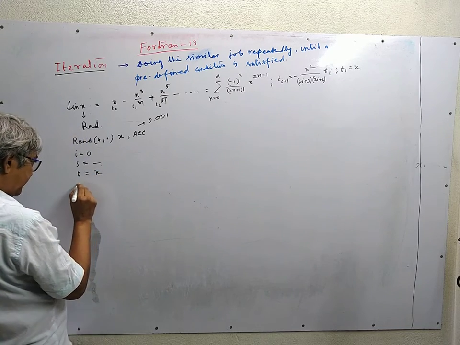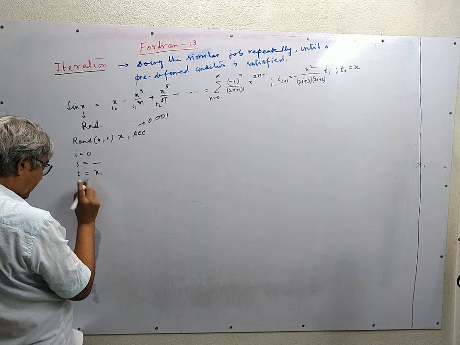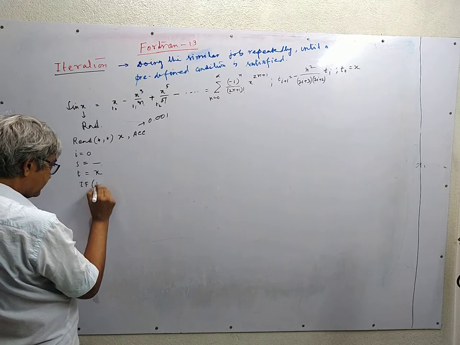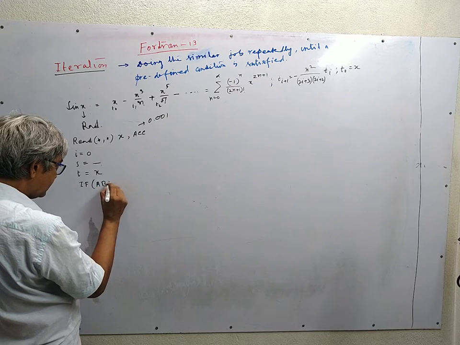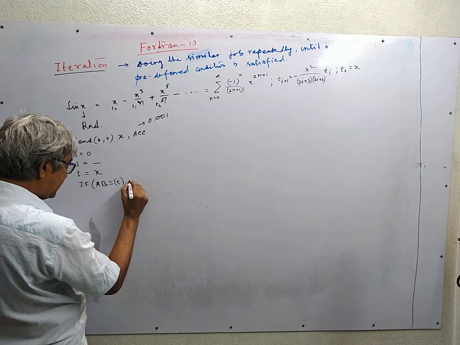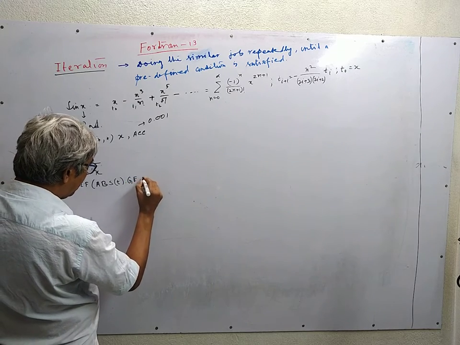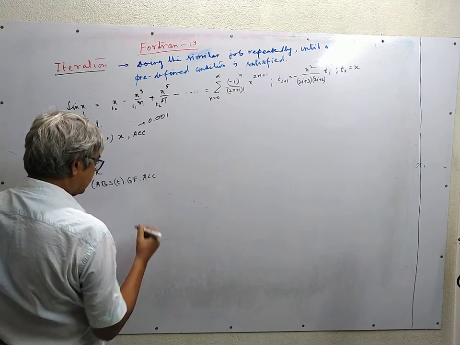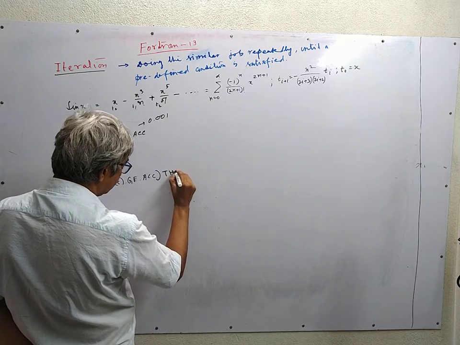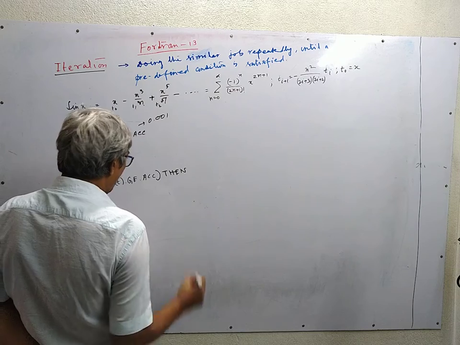Then we check if the absolute value of term is greater than or equal to accuracy, then what shall we do?